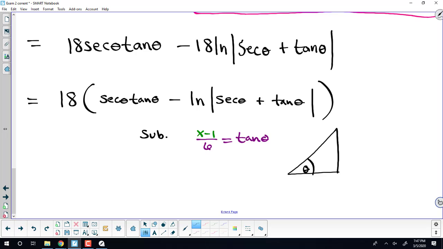Sometimes people don't draw the triangle, which is fine if you know how it's constructed. But I recommend drawing the triangle just so there are fewer things you have to keep track of in your head. It's kind of a bummer if you get all this way and then you mess this up and resubstitute the wrong thing.